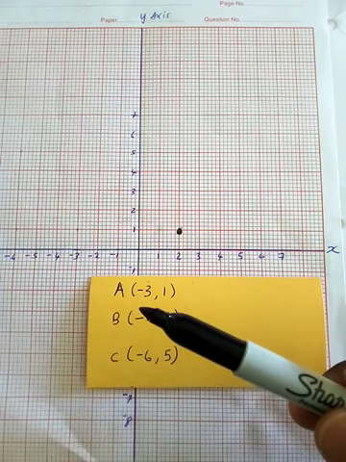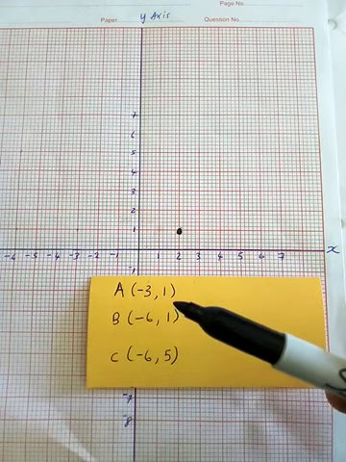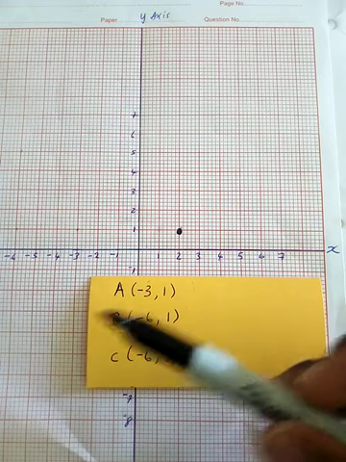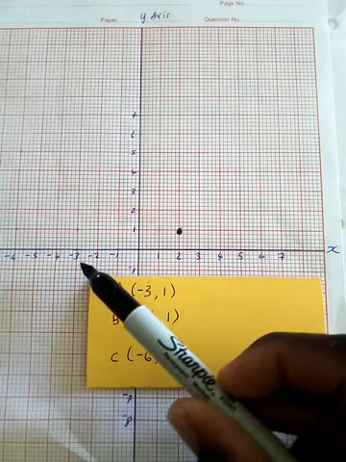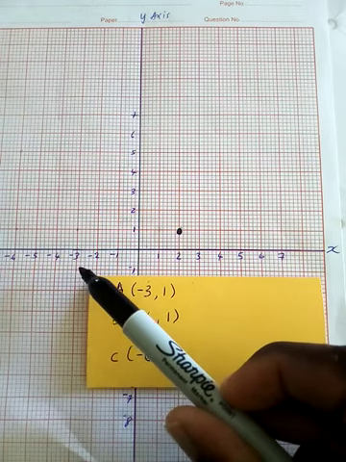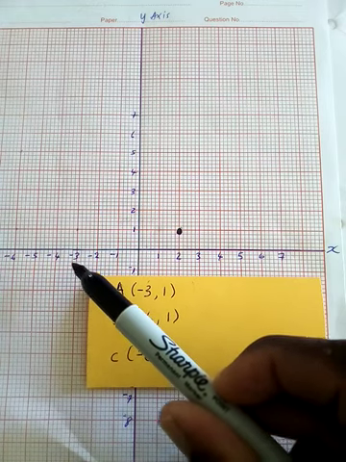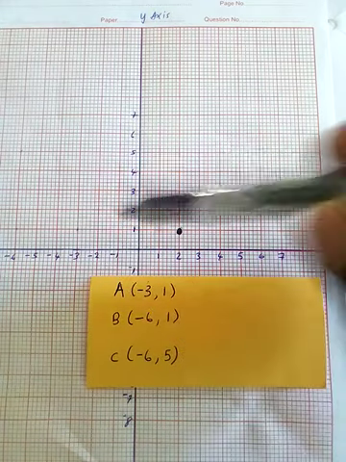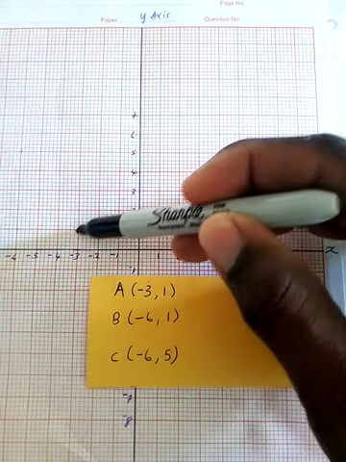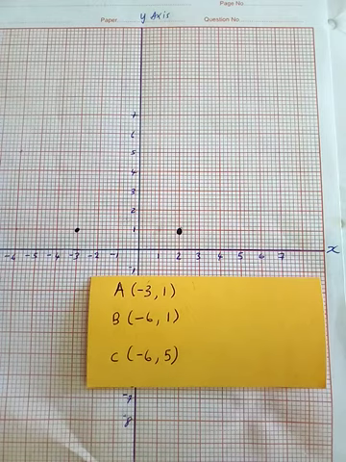Okay, let's consider some more coordinates. -3 on the x-axis, 1 on the y-axis for point A. So -3 is to your left of the origin horizontally, and moving to 1, point A will be located right there.